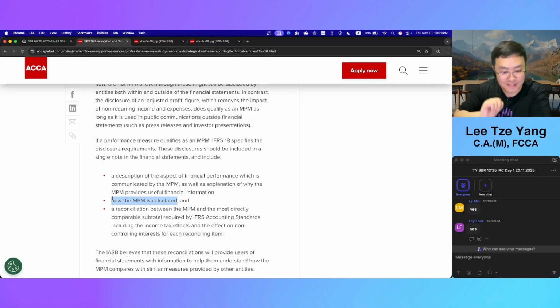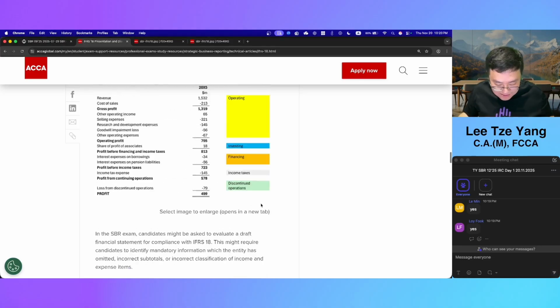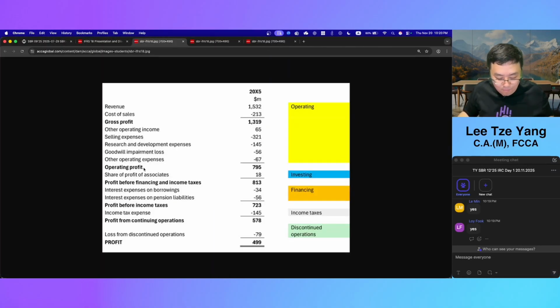The formula must be given. And not just that, you have to also tell the investor how your MPM relates to the subtotal in the IFRS accounting standard, which is basically operating profit, PFIT, these kinds of things. This is called the IFRS required subtotal.